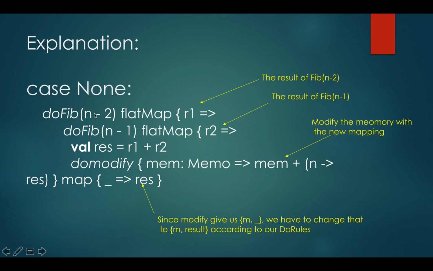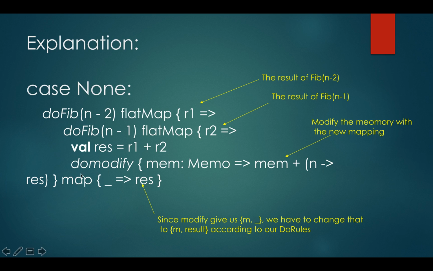We call do fib n-2 here, and since we are thinking inductively, it will return the n-2 value, and do fib n-1 would give us the n-1 value. So the result here will be the nth Fibonacci number, and we modify the memory with do modify, so that will give us a new memory with a new mapping from n to the result.